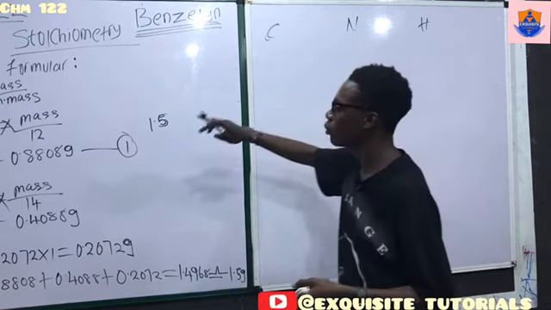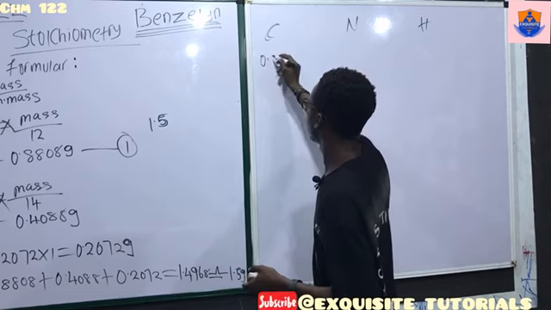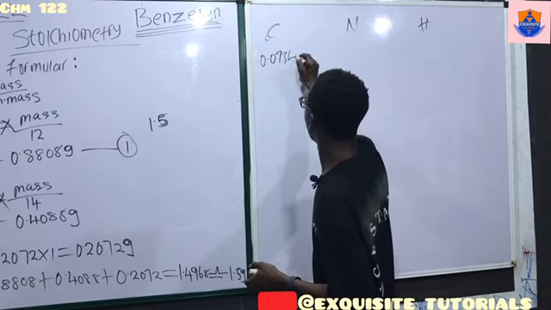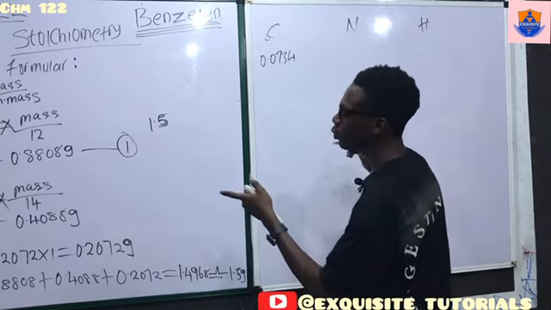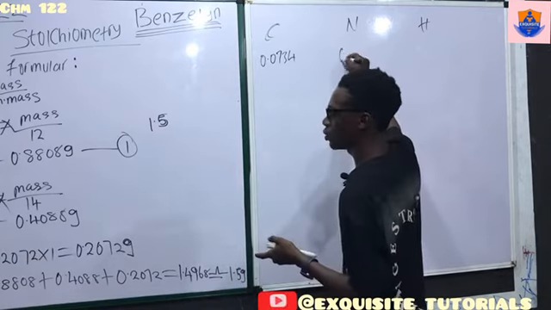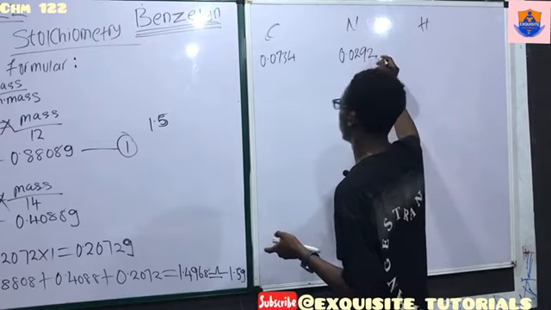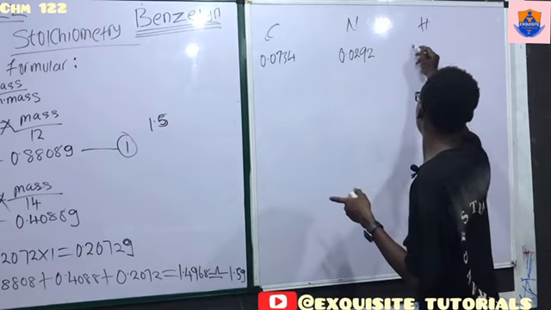Now what is the mole of carbon here? We have the mole of carbon as 0.0734. Then we also have the mole of nitrogen as 0.0292. Then the mole of hydrogen as 0.2072.